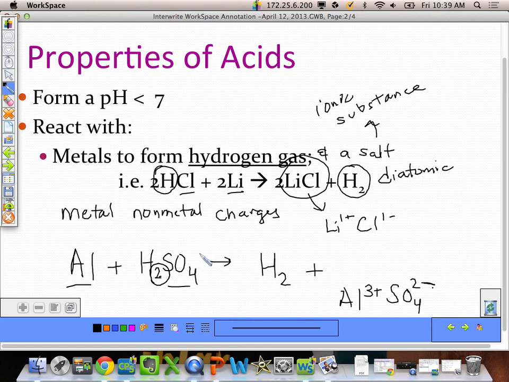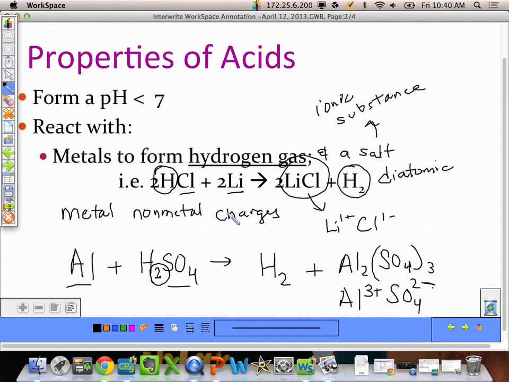So then I crisscross those. I get Al2(SO4)3. Remembering way back, we put those parentheses around it because the entire group, there has to be 3 of that entire group. Go ahead, balance it.